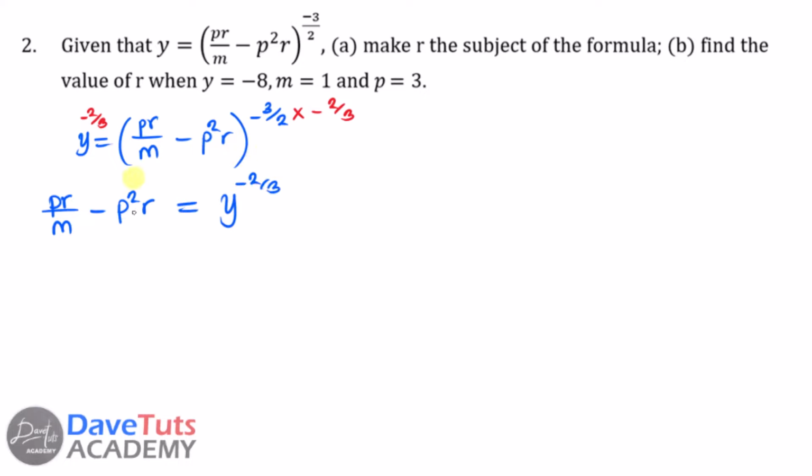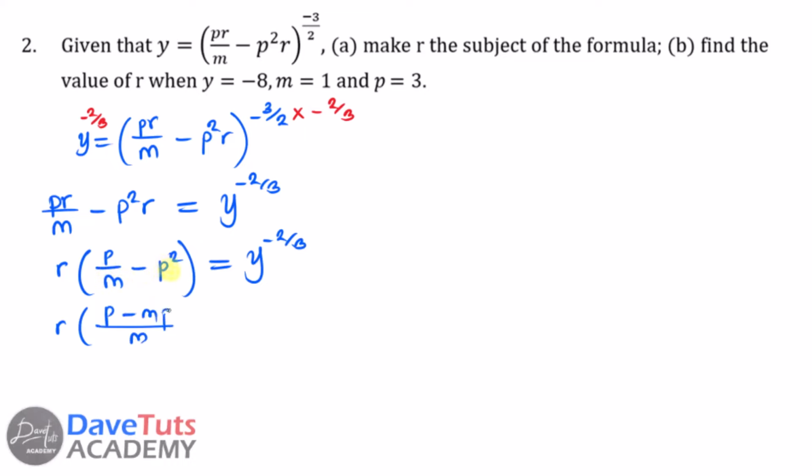Now we can see that r is common in these two terms. Even though p is common, let me just take r, which is my interest. So I have r into p over m minus p square, which is equal to y raised to power minus 2 over 3. Then I can find the LCM here to say r into p minus m p square over m, is equal to y raised to power minus 2 over 3.